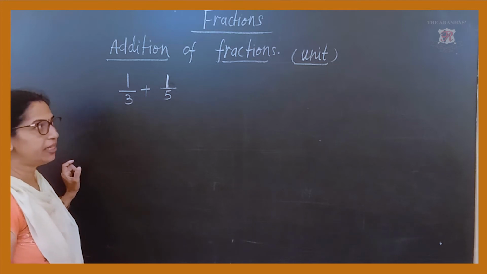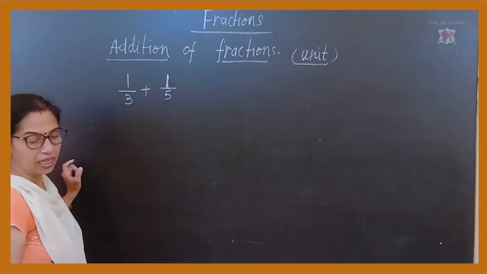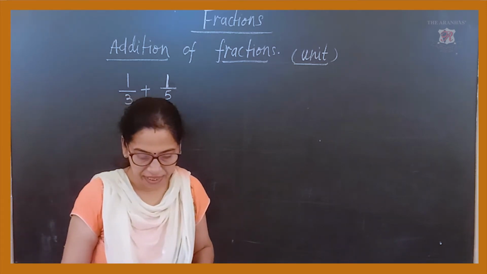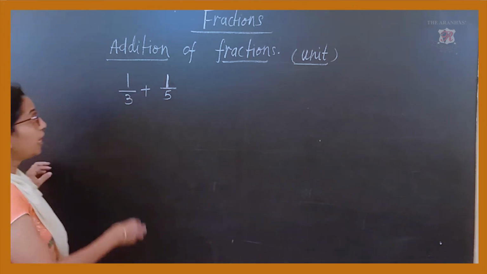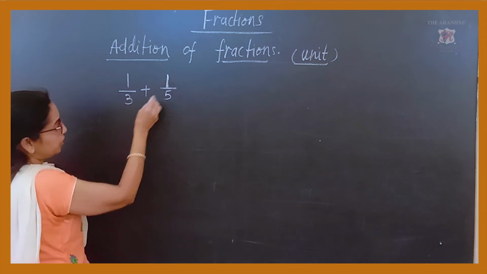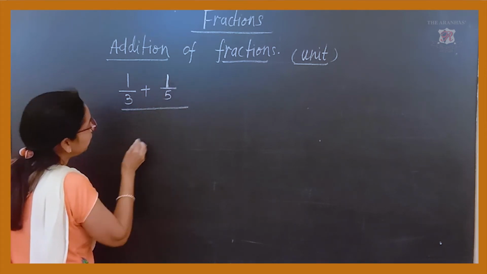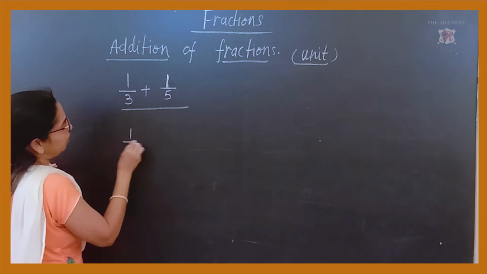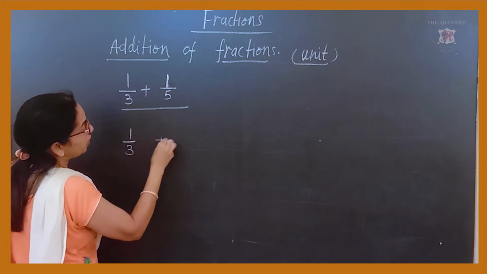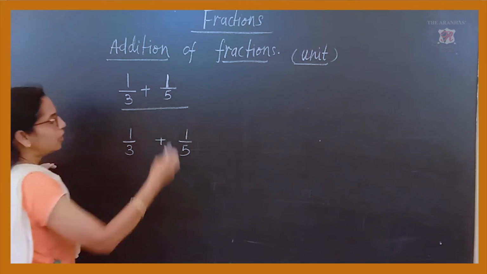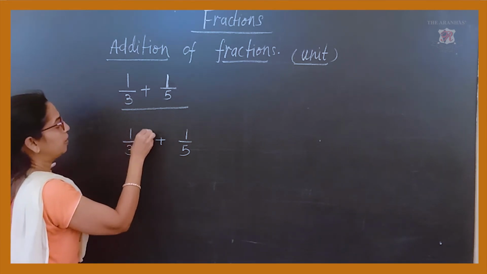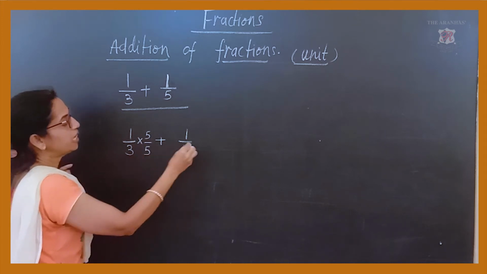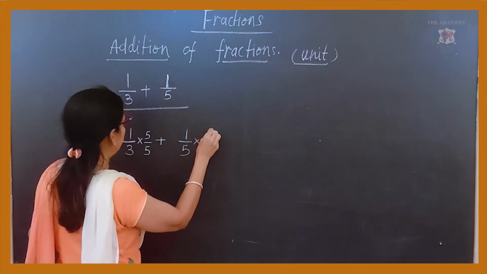Can we add them? No. Whenever we have unit fractions with different denominators, we have to first make them equal. So by taking the LCM, we will find the equal denominators.